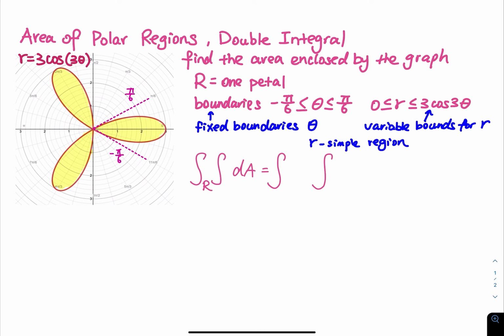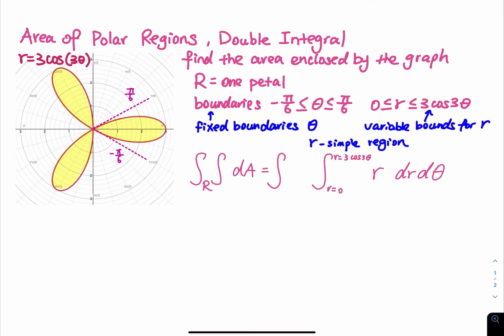You know what? We are going to do a dr d theta integral. And then the integrand, watch, is just r only. Where is the 3 cosine 3 theta? We put that in the upper limit. So r is between 0 and 3 cosine of 3 theta.